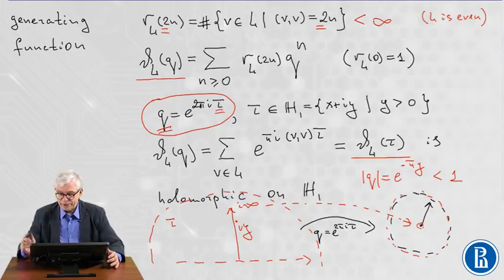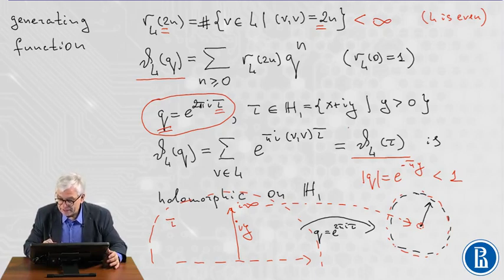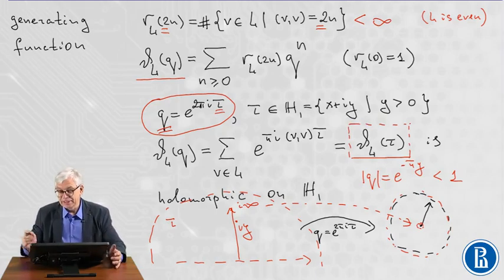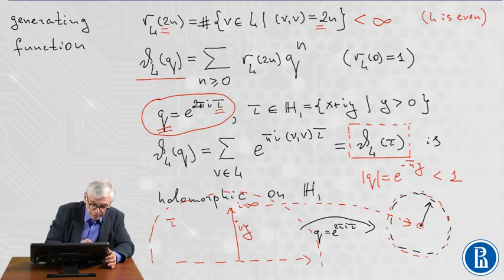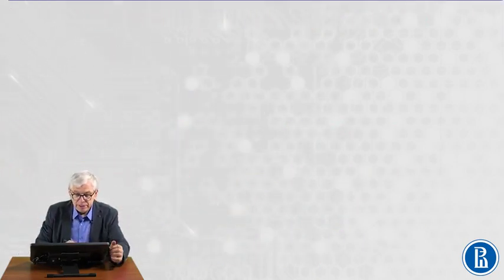What properties has this generating function, the theta function of the quadratic lattice L? By the definition, the theta function is periodic.